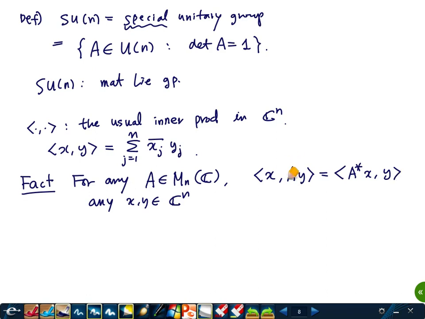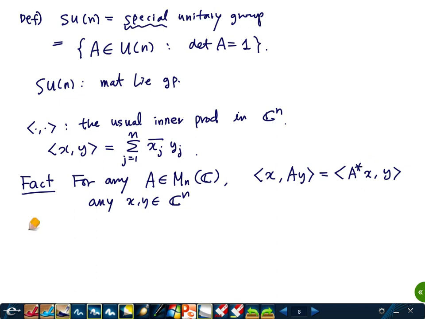If you have a matrix here, you can move it to the other side, but you have to put this adjoint sign.